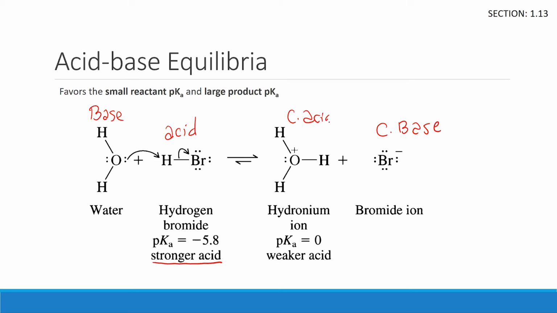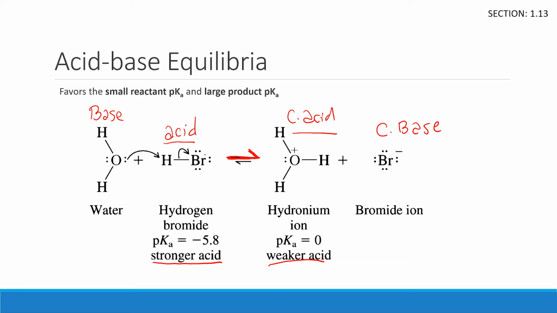So we're going to compare the acid to the conjugate acid. The conjugate acid in this case is hydronium ion, and its pKa is 0. It's weaker. So always the reaction is going to drive in the direction where the stronger acid is on the reactant towards the weaker acid as the product.